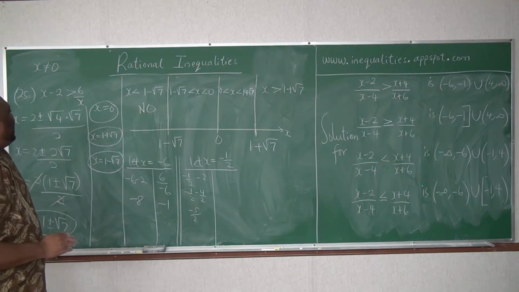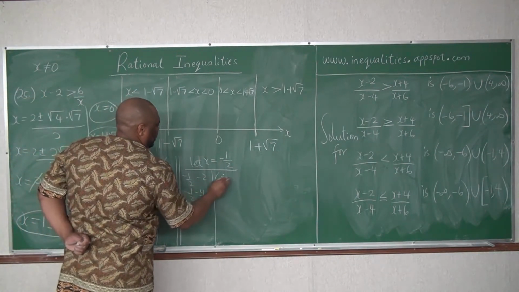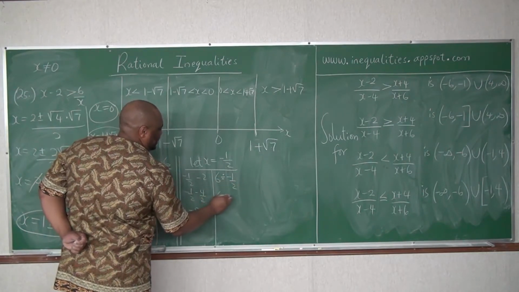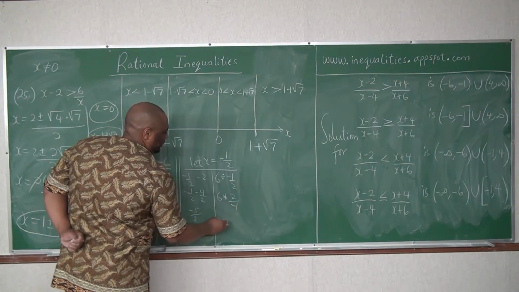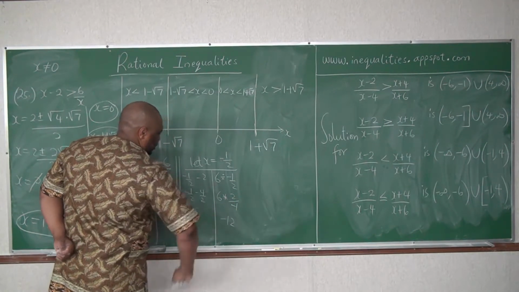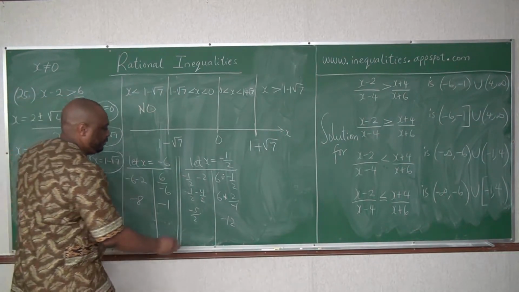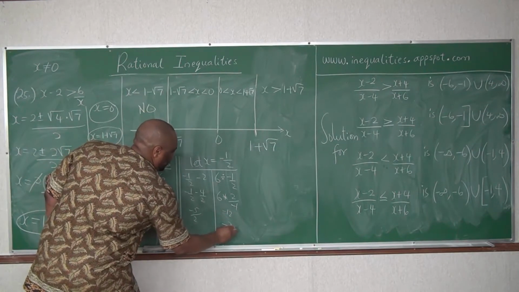And on the right will be 6 divided by minus 1 over 2, which is 6 times 2 over minus 1, which is minus 12. Minus 12 is minus 24 over 2.